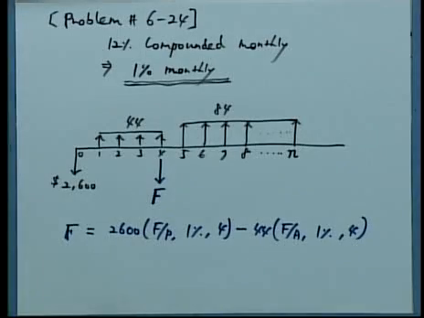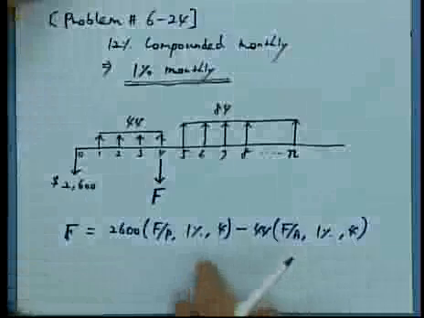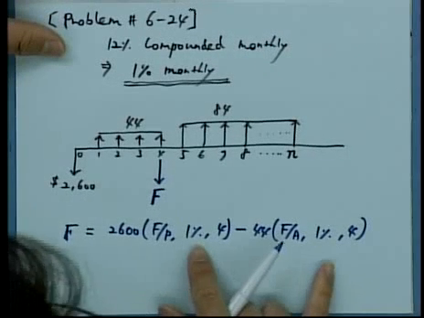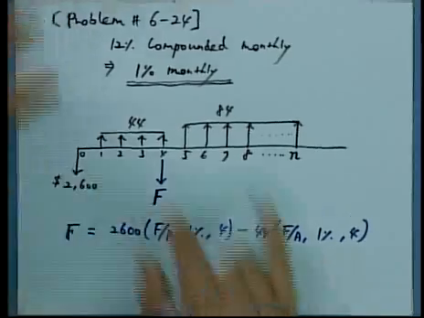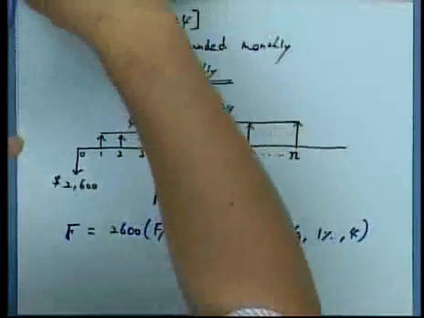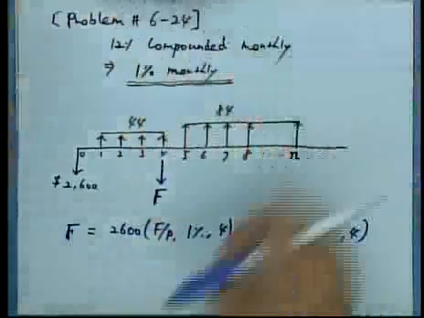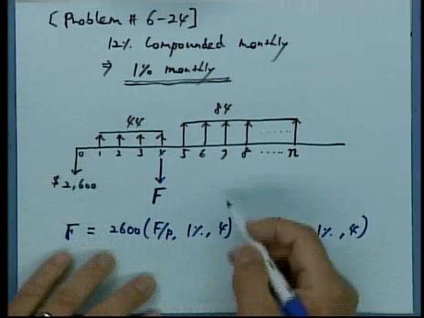So how much are these values? 1%, F given P over 4 periods is 1.041.